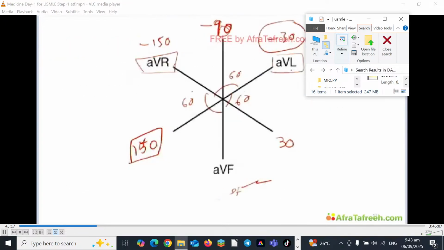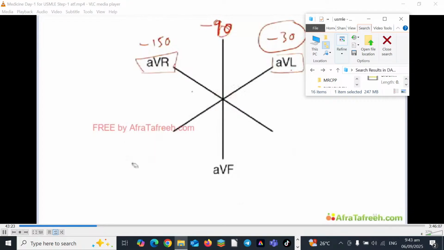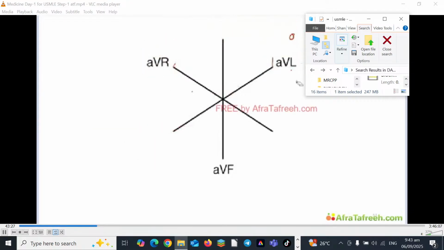When you see this triaxial system of AVL, the AVF electrode is at 90 degrees. That is your foot electrode. When you are standing erect, that is your leg. It is the foot electrode, which is 90 degrees. I hope this is clear. So what you had was your lead 2, which was somewhere here.